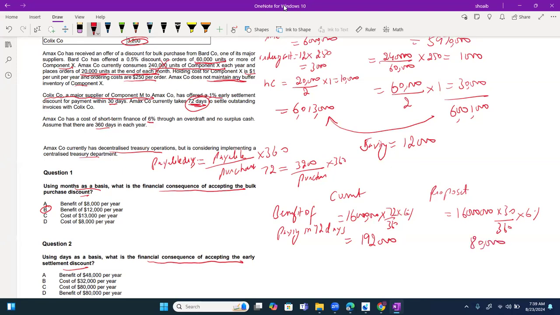But you will also get one more benefit, that is discount. Into 1% discount, 160,000.